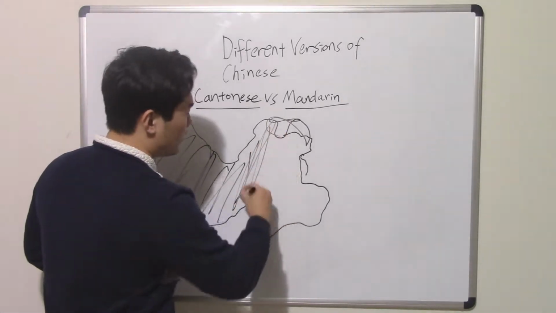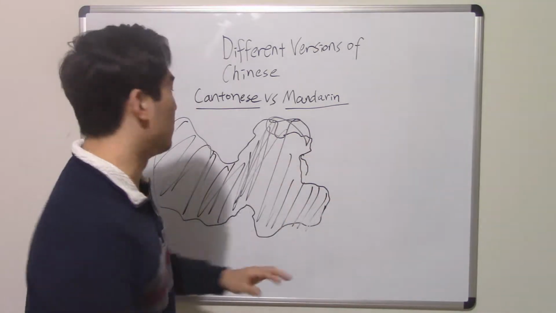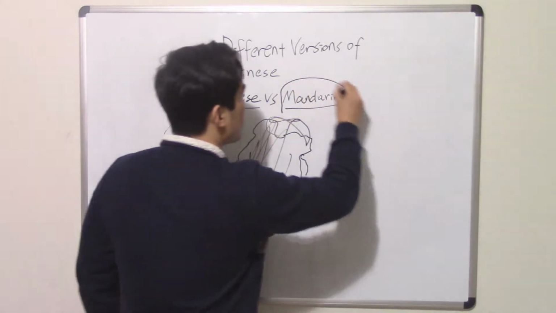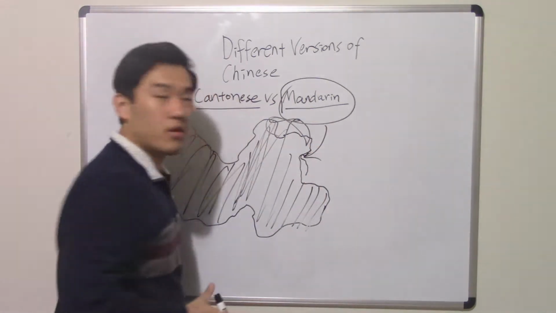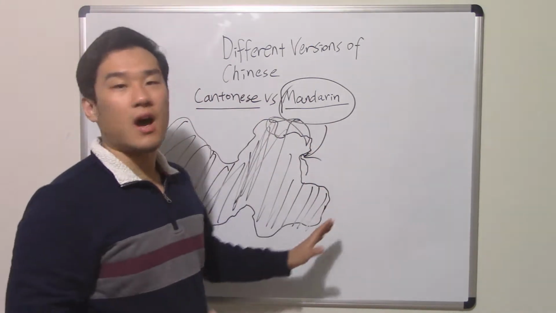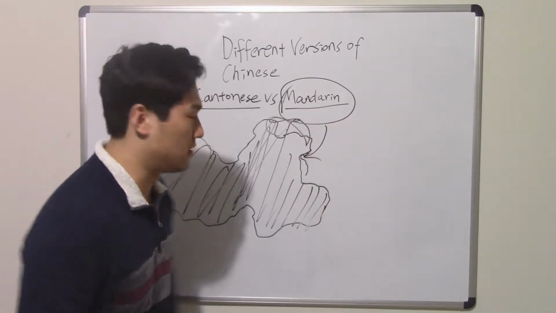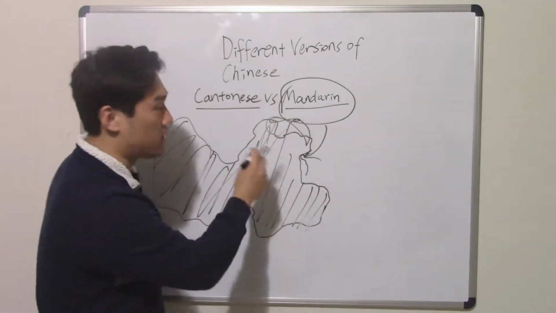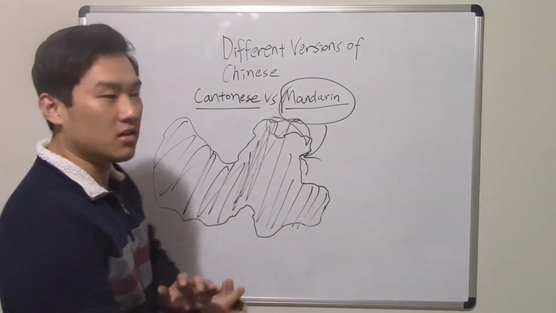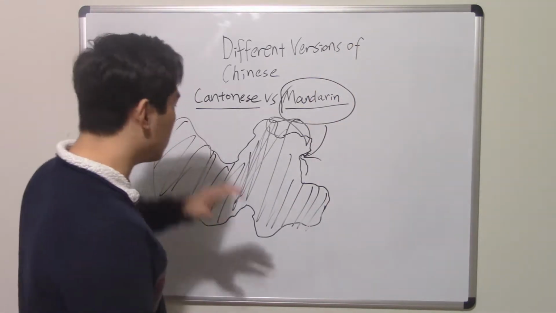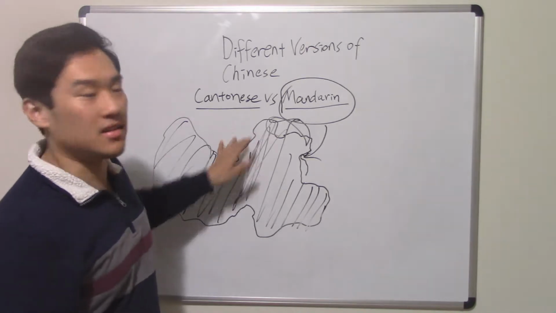Everybody learns it from kindergarten all the way through college. Most of the time, when you ask if someone speaks Chinese, that means Mandarin, the official language of mainland China, the 1.3 billion people. That's what Mandarin is. Then what is Cantonese?